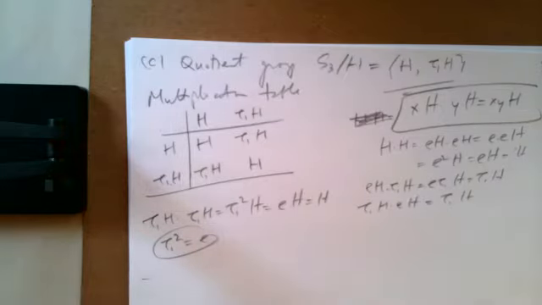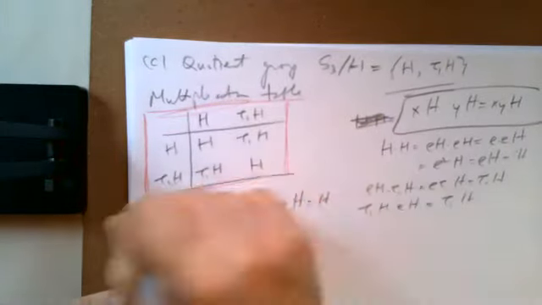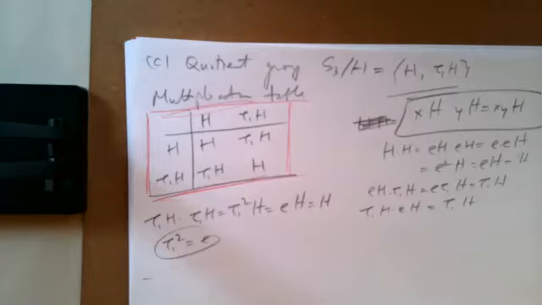So that's the multiplication table for the quotient group. And if you look at this, you see this is abelian.